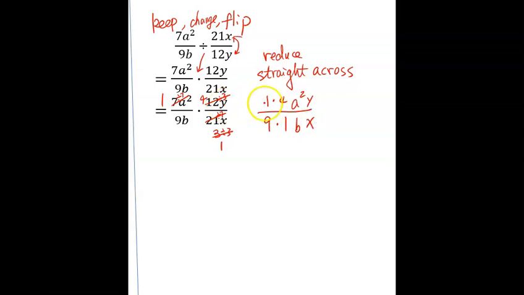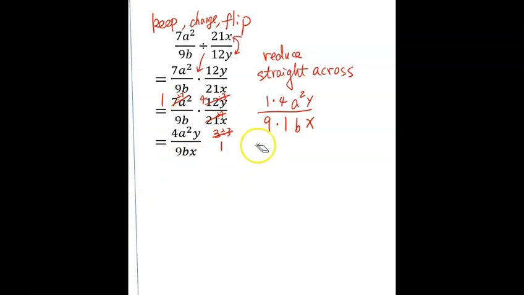But if I change this y to an x, they match, and then we would be able to reduce them. But since we have different variables here, one of them is y, the other is x, we have to keep them there. So the final answer will be 1 times 4 is 4, 9 times 1 is 9, and a squared y over bx. None of these variables can be reduced.